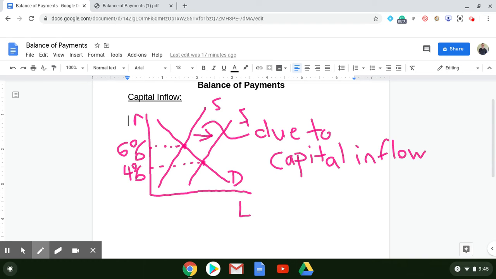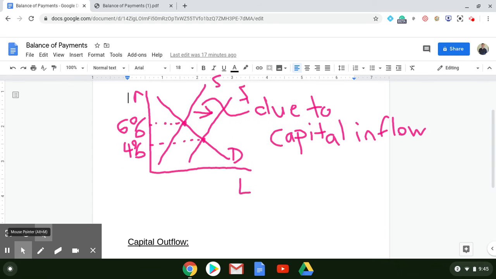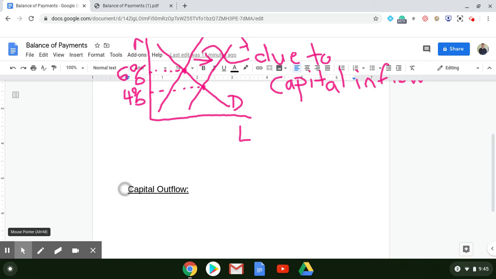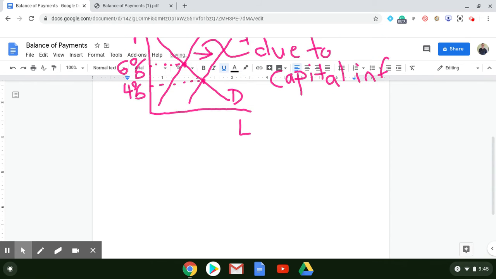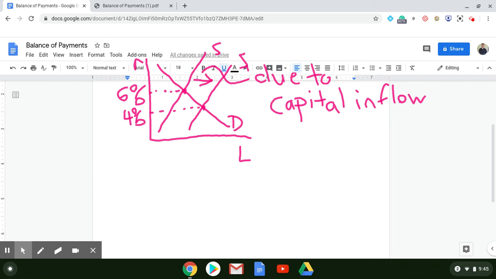But this is due to capital inflow. So let's take it one step further. We can be a little more sophisticated with this. We'll talk about the capital inflow in a second. I know that looks weird up there, but bear with me.